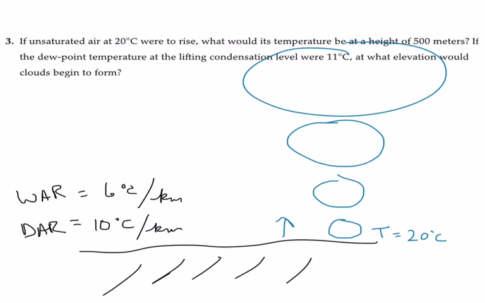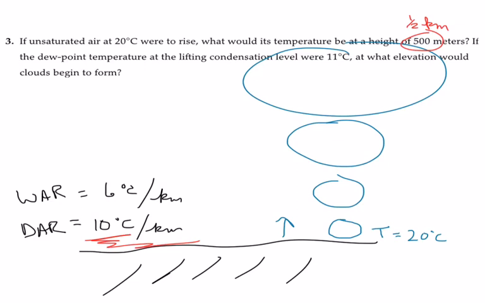What would its temperature be at, tricky, 500 meters, a half a kilometer? Are we good with that? Yeah, I'm liking it. So this is a half of a kilometer. If it cools 10 degrees per 1 kilometer, it's going to cool 5 degrees for a half a kilometer.